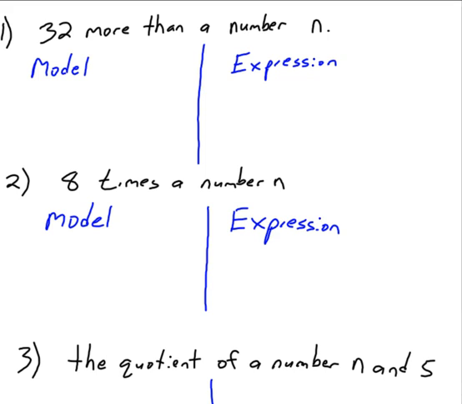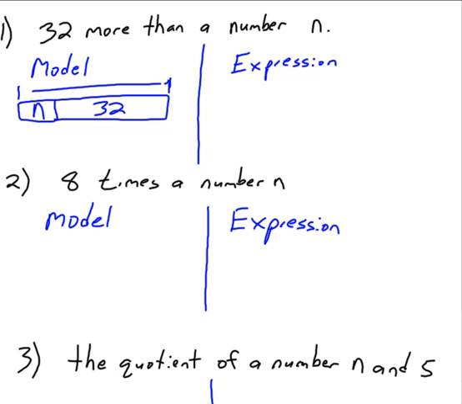So if we had 32 more than a number n, we can model the number n, maybe a little rectangle or something, we'll call that n. And then 32 more than that, we can just add another rectangle that says 32. So 32 more than a number n would be this distance here.